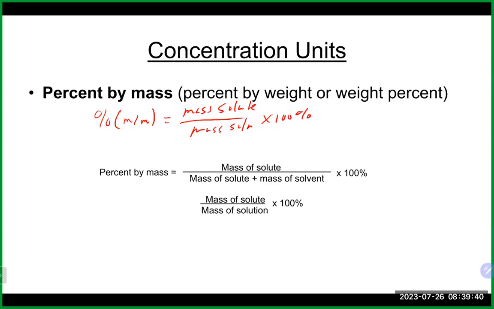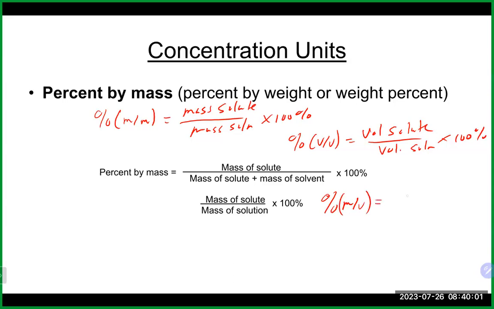We also talked about percent volume to volume, which is the volume of solute over the volume of solution times 100%, and also percent mass to volume, which is the mass of a solute over the volume of a solution times 100%.